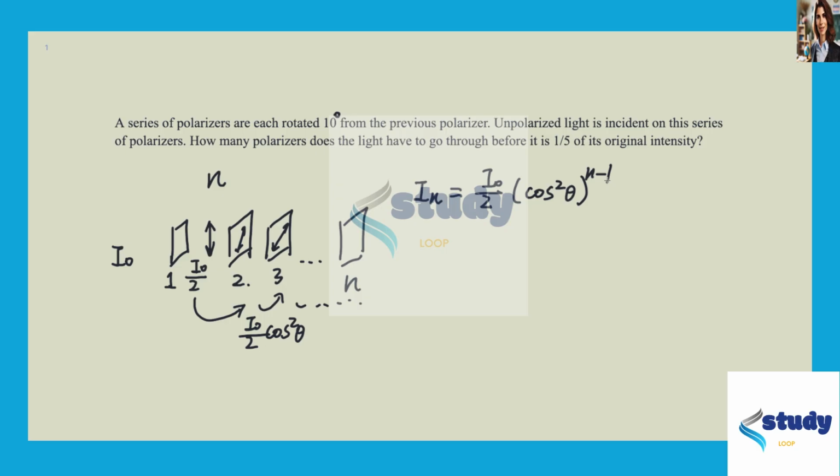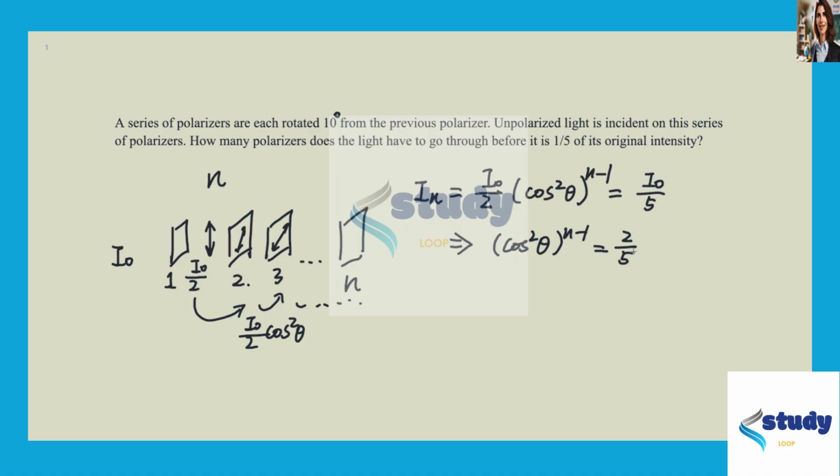Now we want it to be 1/5 of its original intensity, so we can rearrange this equation. We have cosine squared theta to the n minus 1 equals 2/5, or 0.4.